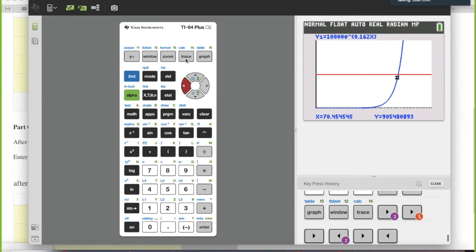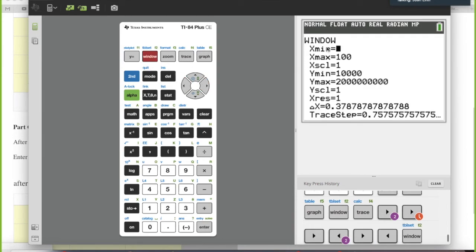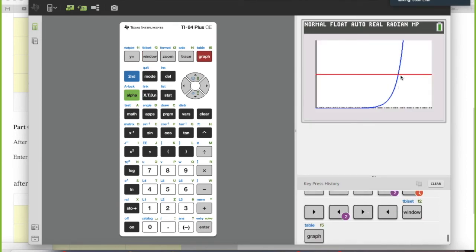So that's when I went to my window. X maximum 100, x minimum 0, and then y minimum, once I started thinking about it, made more sense. We know that it's going to cross at 1,000,000 somewhere, so we don't really need anything below, towards the smaller numbers. So just set these to bigger numbers where you can see it, and there you have it.